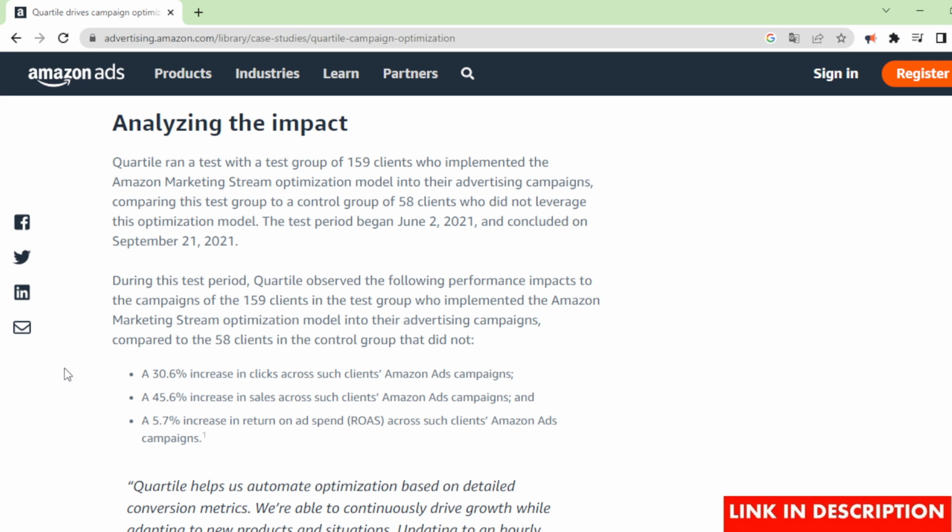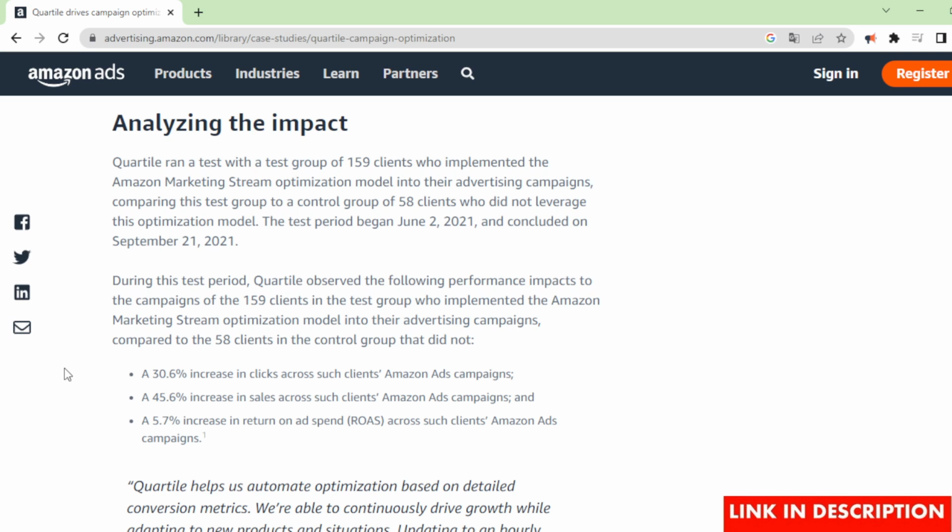Analyzing the impact. Quartile ran a test with a test group of 159 clients who implemented the Amazon Marketing Stream optimization model into their advertising campaigns. Comparing this test group to a control group of 58 clients who did not leverage this optimization model. The test period began June 2, 2021, and concluded on September 21, 2021.